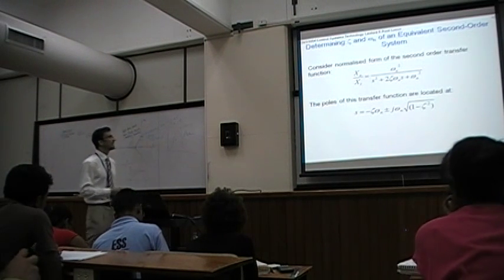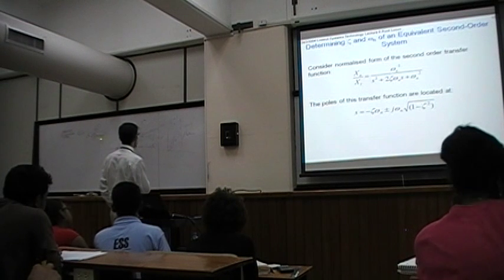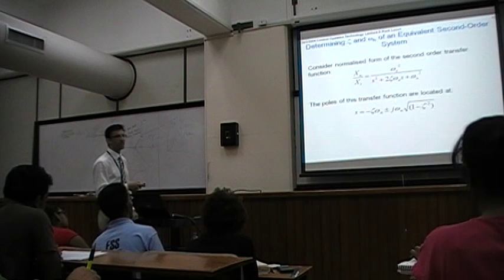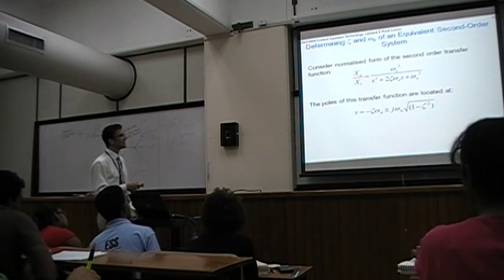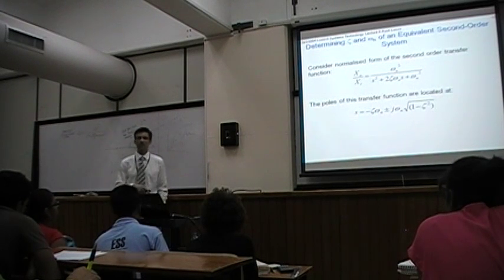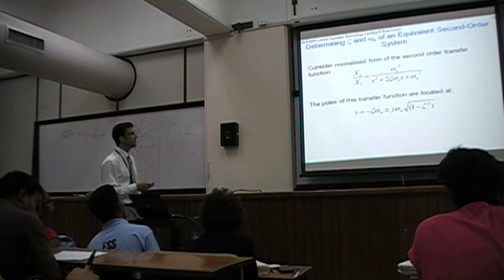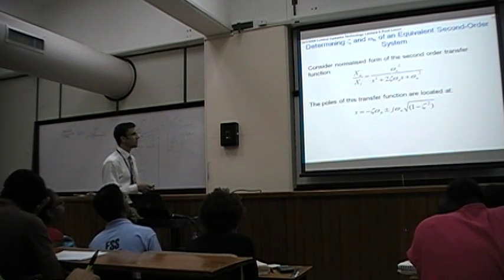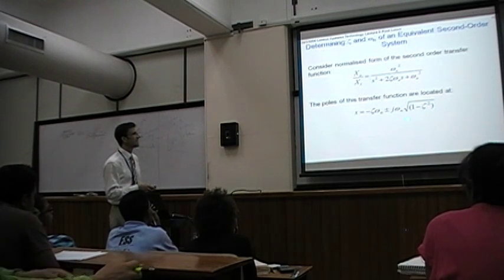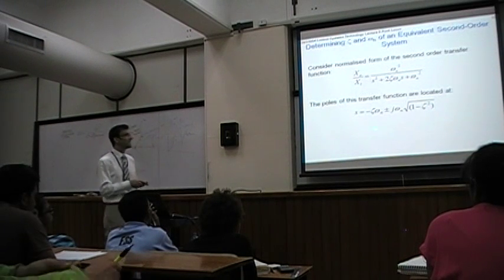Now, moving on a little bit, let's look at this equivalent second order system. This is our G(s), which I just wrote up on the board in the same form. If we were to ask you what the poles of this transfer function are, you need to use your quadratic rule: s equals minus b plus or minus root b squared minus 4ac, over 2a.